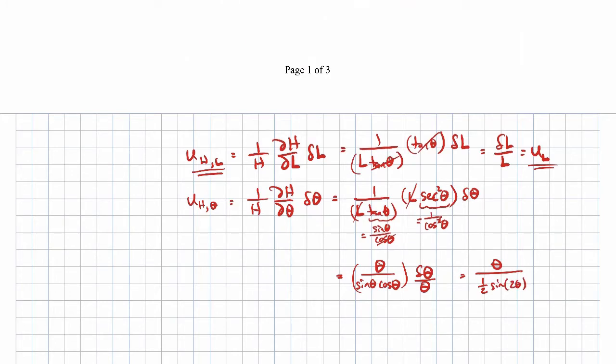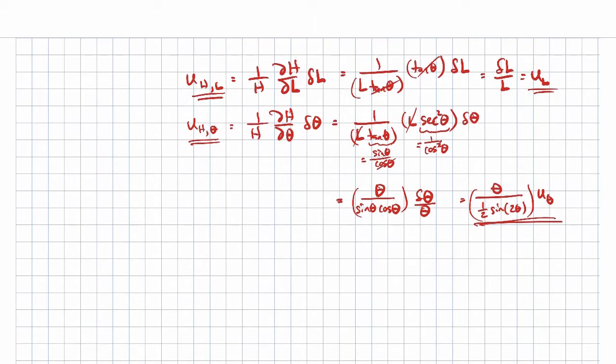So what I've done here is I've used a trigonometric identity to write that as 1/2 sine of 2 theta, and then I multiplied and divided by theta so that I can write this as the relative uncertainty in theta. So this now is our expression for the relative uncertainty in h due to the uncertainty in theta.